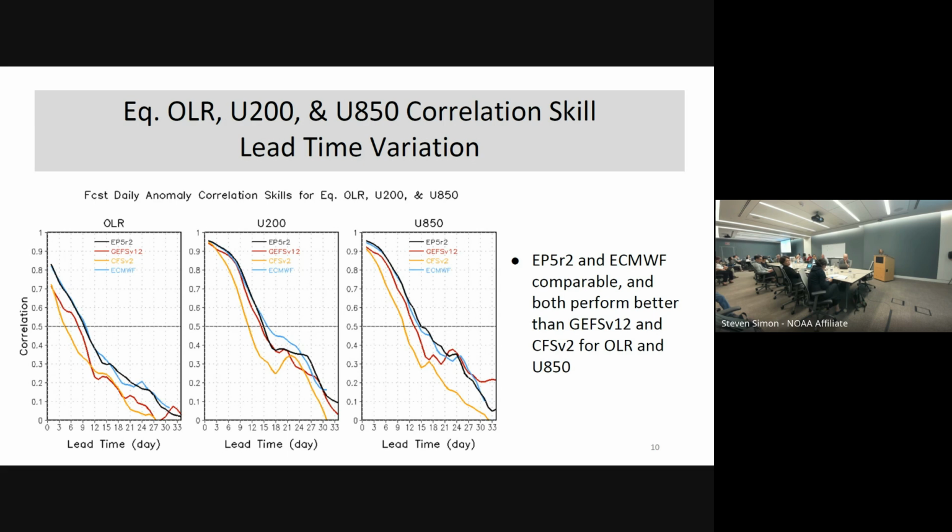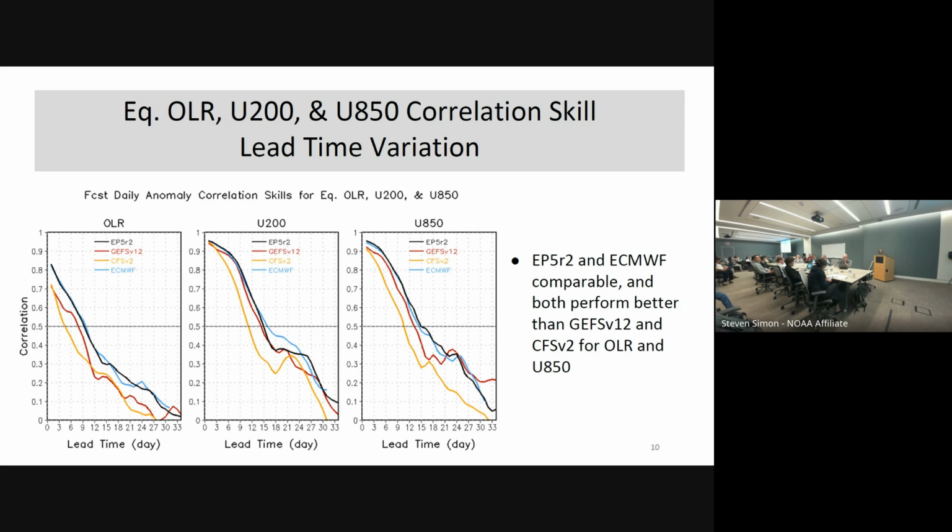So overall, EP5R2 and ECMWF are comparable and both perform better than the other 2 models for the OLR and the U850. For the U200, the EP5R2 keeps similar scales with the current version V12.